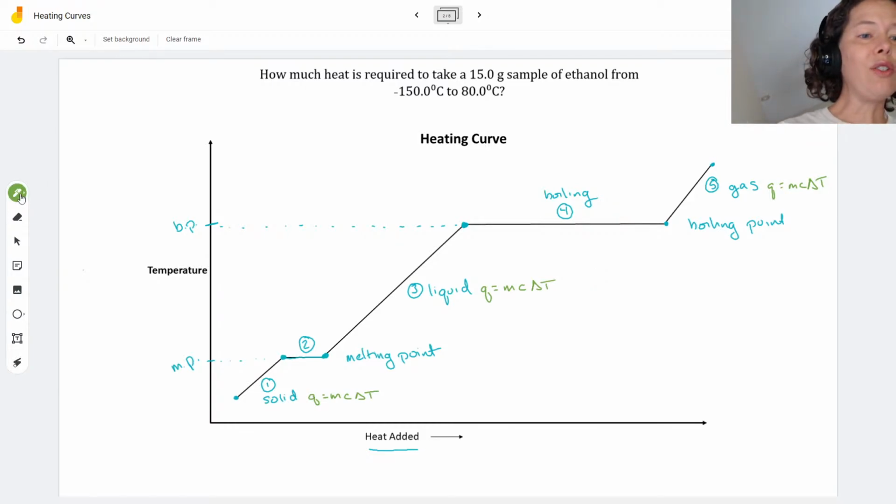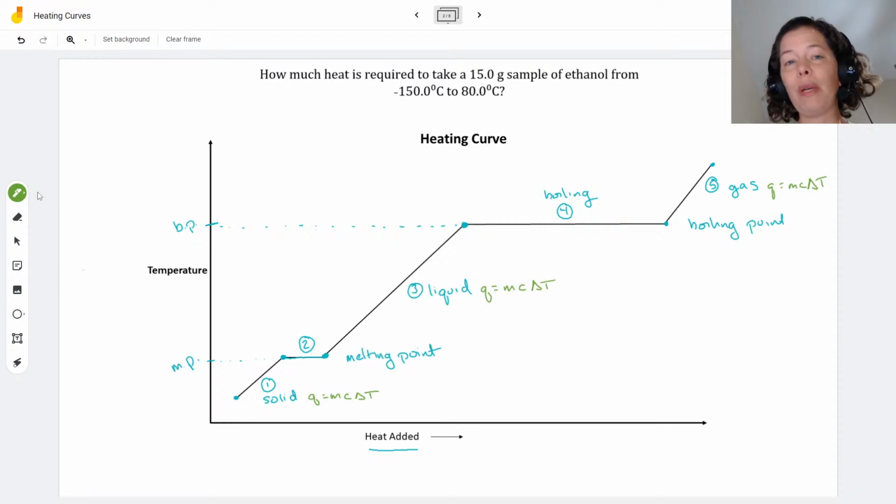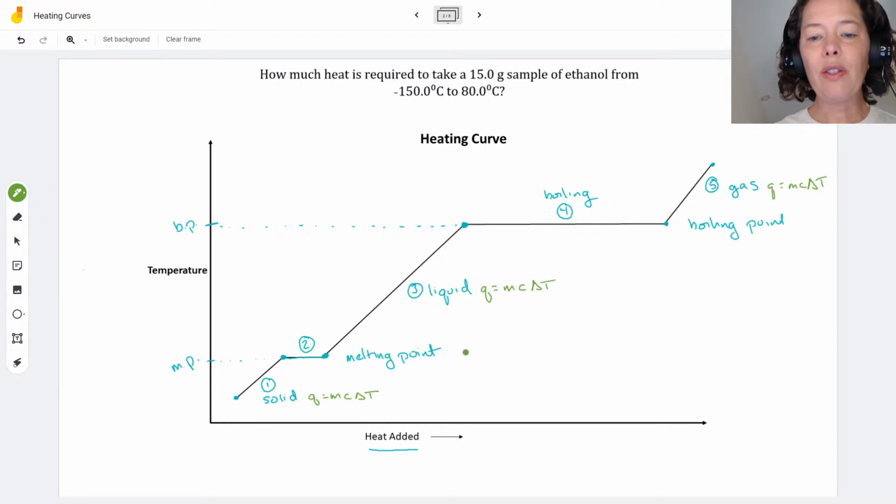So what we need to do at those points is use two changes of enthalpy, the heat of fusion and the heat of vaporization. Now at the melting point, we are going to use the heat of fusion. So our Q here is going to equal our n, our number of moles, times delta H fusion.